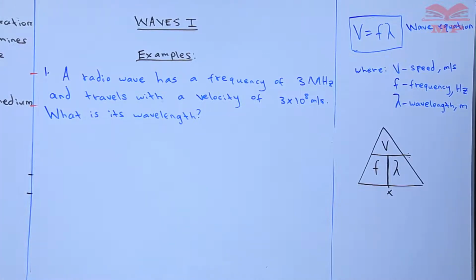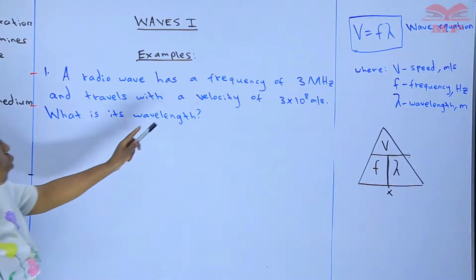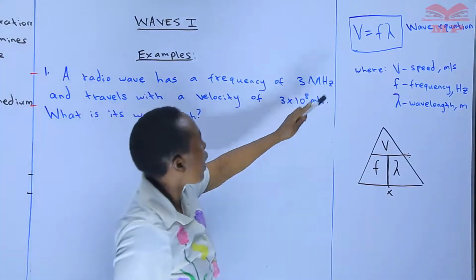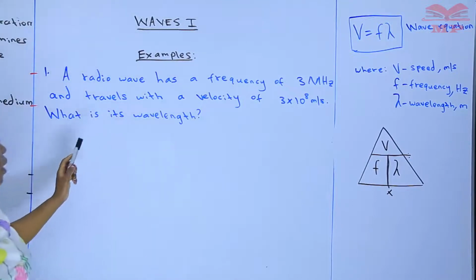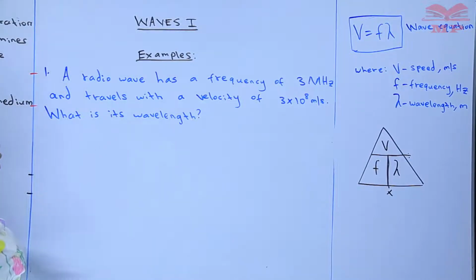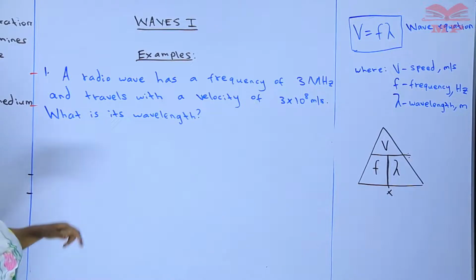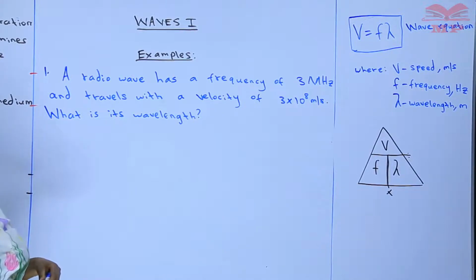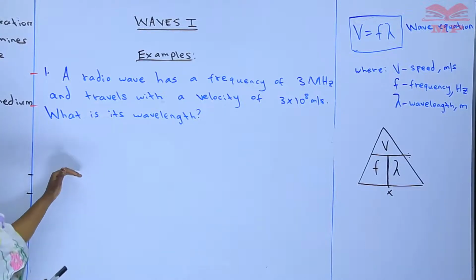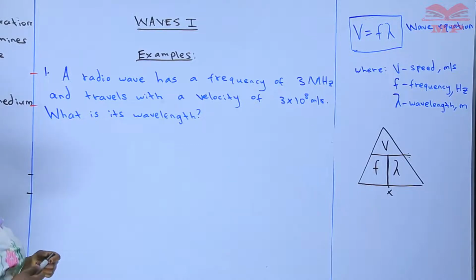We can read it. We are told that a radio wave has a frequency of 3 megahertz and travels with a velocity of 3 times 10 power 8 meters per second. What is its wavelength? The first thing we need to do is to analyze the quantities given and what is in question.